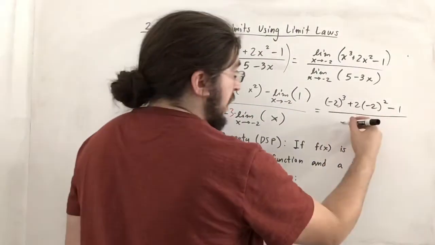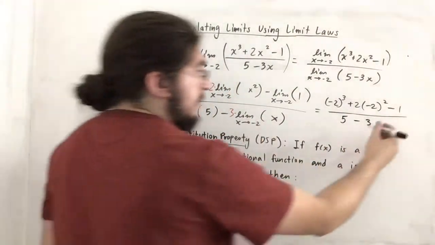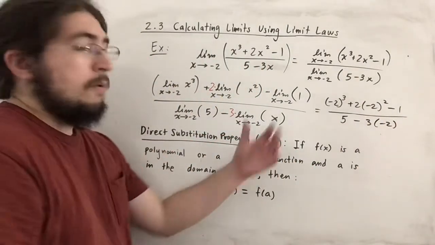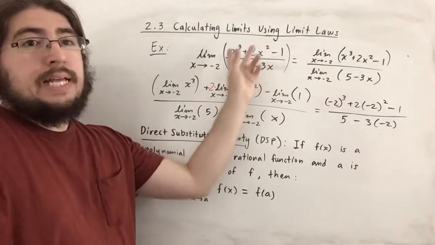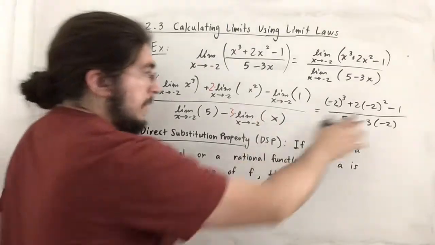Similarly here, this is 5, and then -3 times, as x goes to -2, x is equal to -2. And now we can clearly see, really what we have here is just this same exact thing we had here, but just plugging in directly. So now I'm going to actually do it and see what we get.